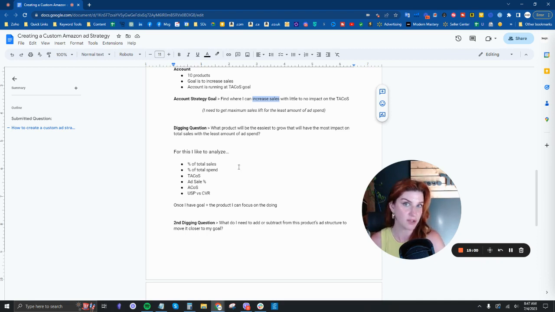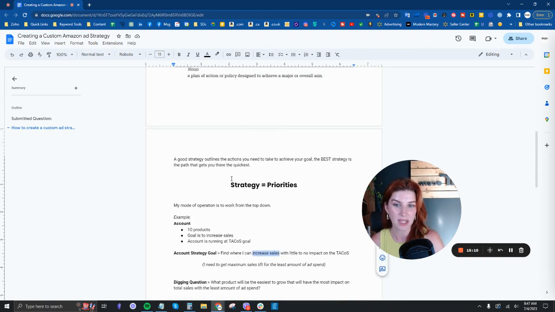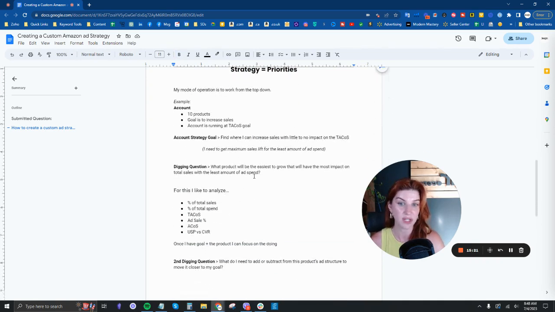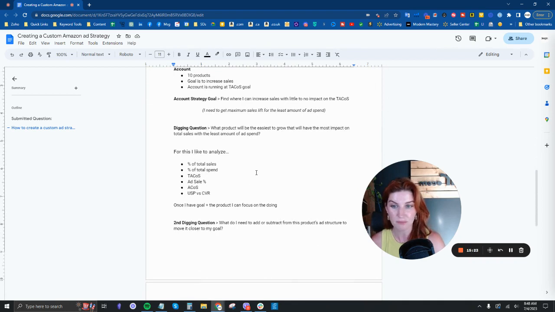Even if I doubled those product sales, the impact on the total account is not going to be that much. Does that mean that I shouldn't be working on that? No. But again, looking at strategy in terms of what I'm prioritizing that's going to get me there the quickest, those are not the things that are going to get me there the quickest, hence it's not the priority.